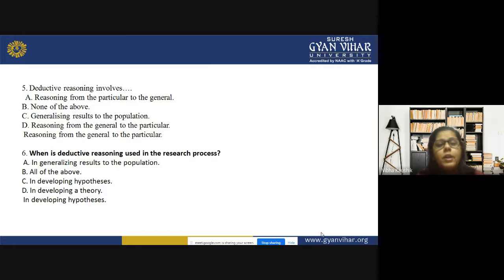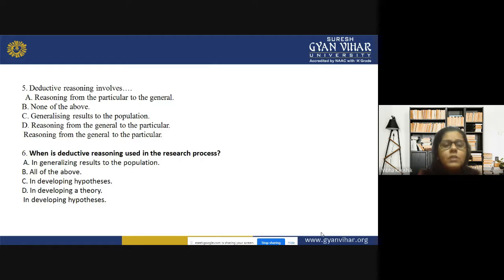Now, what does deductive reasoning involve? The options are A, reasoning from the particular to the general, where we give reasons from the particular to the general. B, none of the above, means no options are correct.